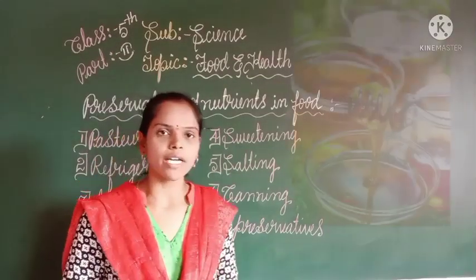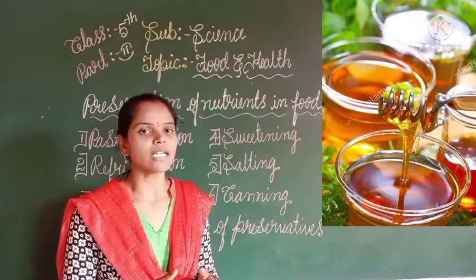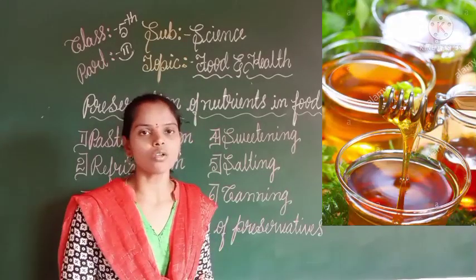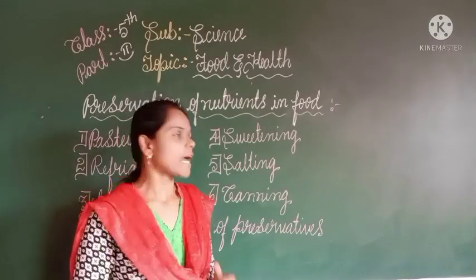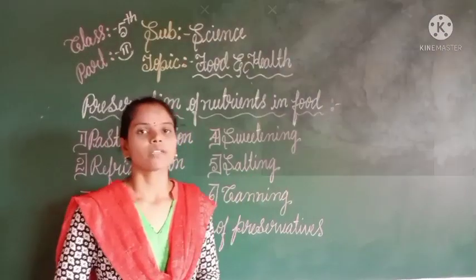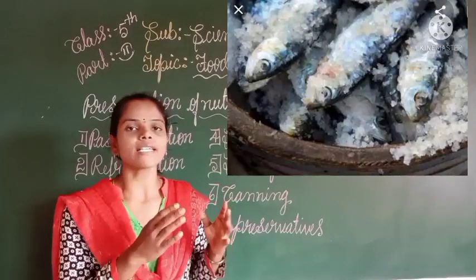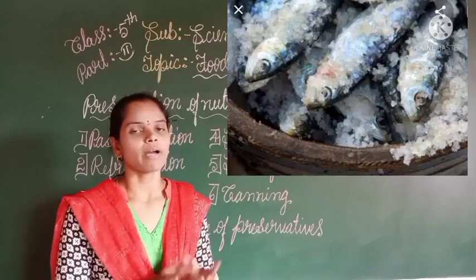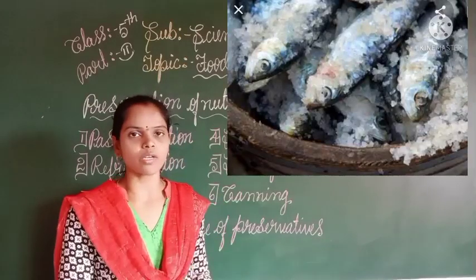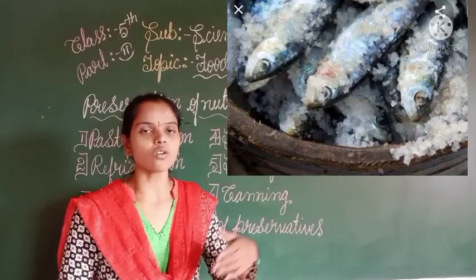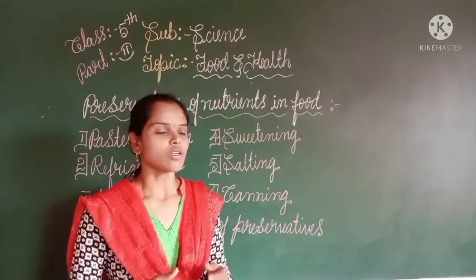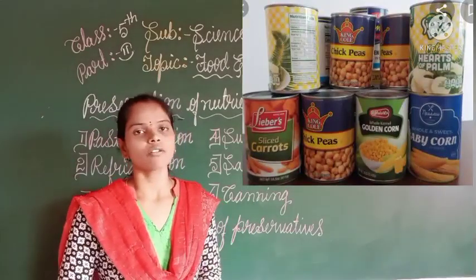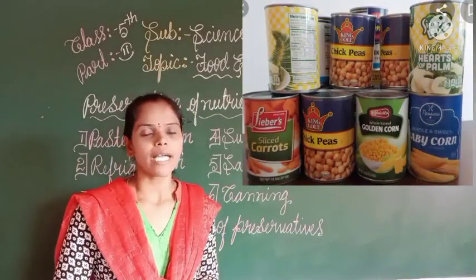Some kinds of food we can store for a few days by adding sugar, without losing nutrients. Next one is salting. Some kinds of food can be preserved for a few days by adding salt. For example, fish: by adding salt to the fish we can store it for a few days without losing nutrients. Next point is canning. Dear students, some kinds of food we can store by canning.